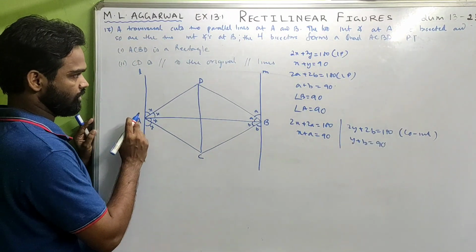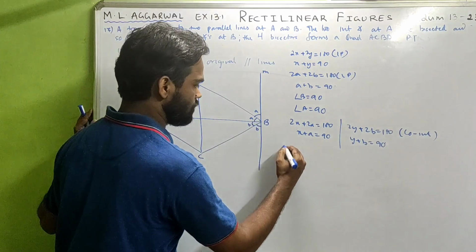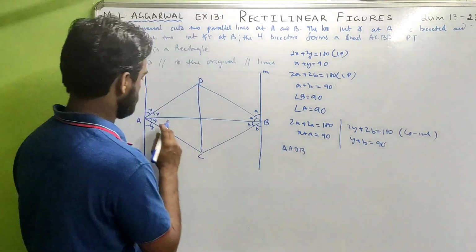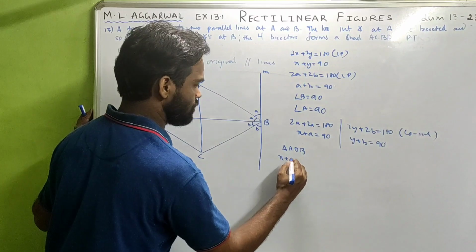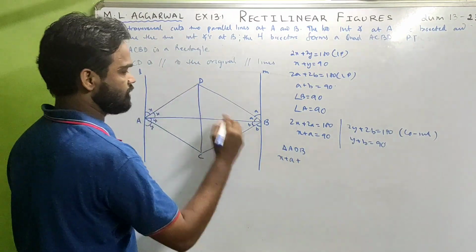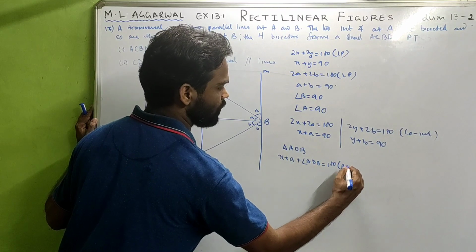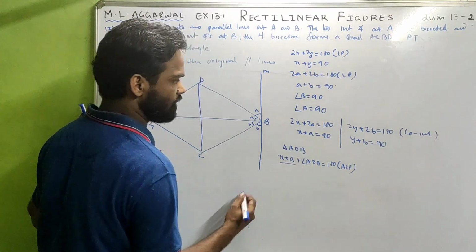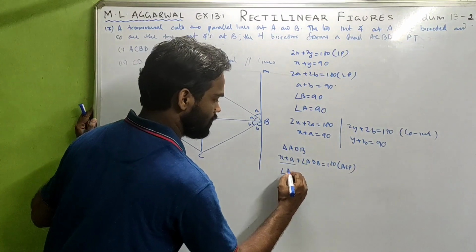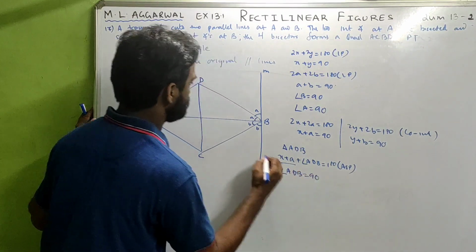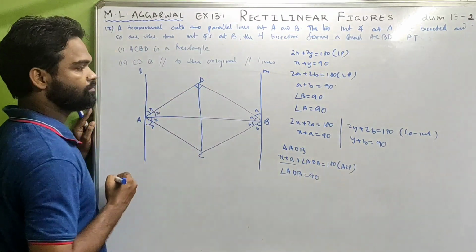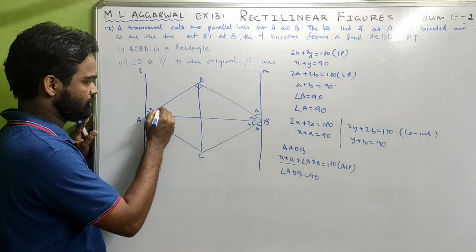Now look, in the triangle ADB, x plus a plus angle ADB is equal to 180, angle sum property, which means this is 90, we know. So angle ADB is 90. So this angle is also 90. Look, we got this angle as 90.